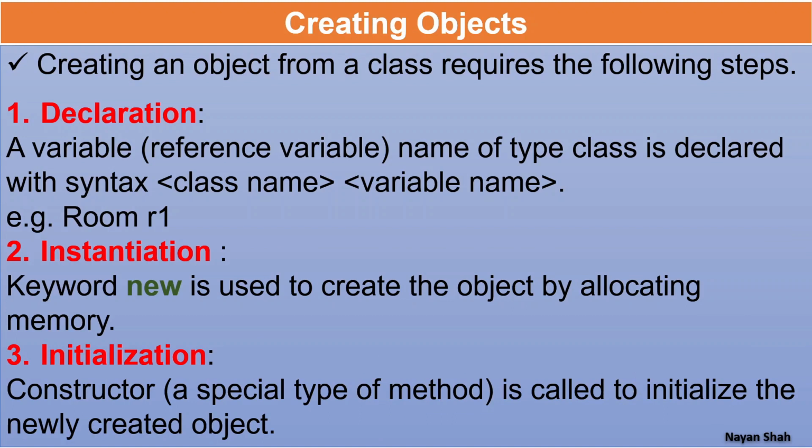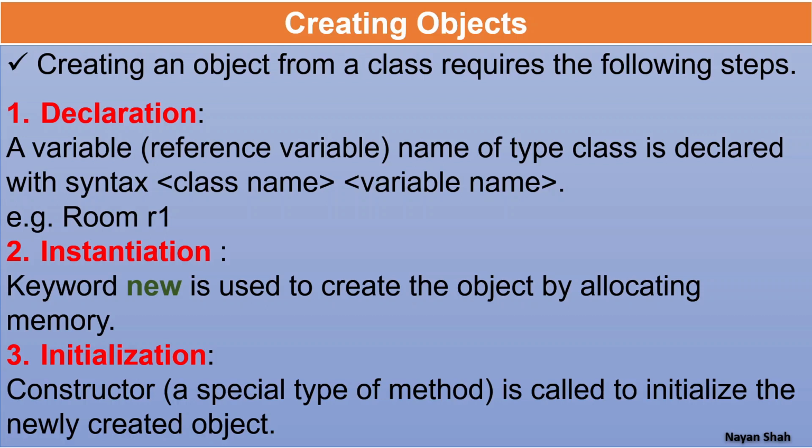Now let us see how we can create an object from a class. Creating an object from a class requires three steps. The first step is declaration. A variable name, whatever name you want to take, is used to declare an object of a class. So a variable of type class is declared with the syntax class name followed by variable name, and that variable name can be anything.